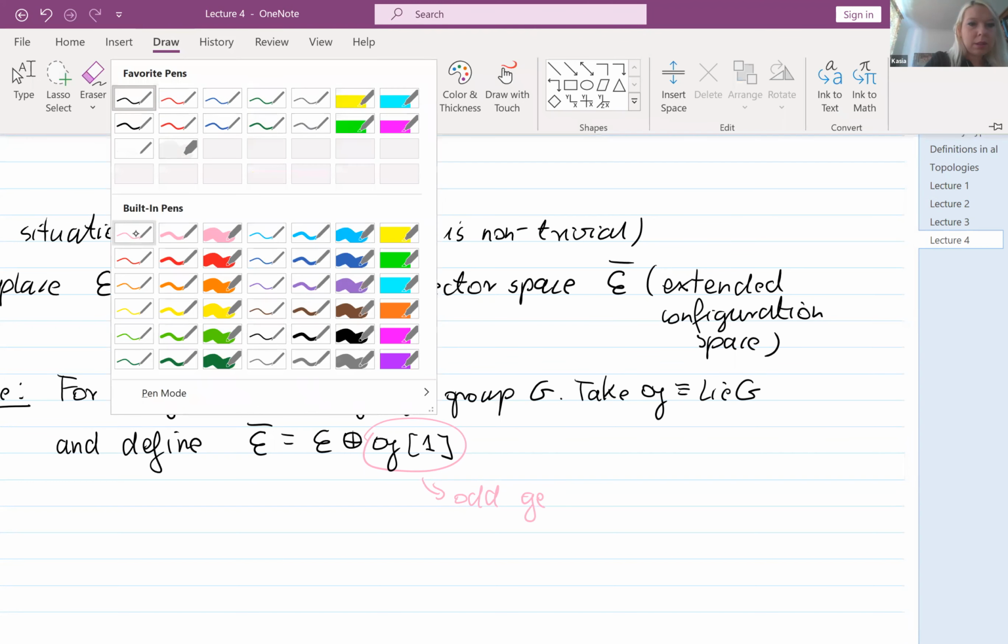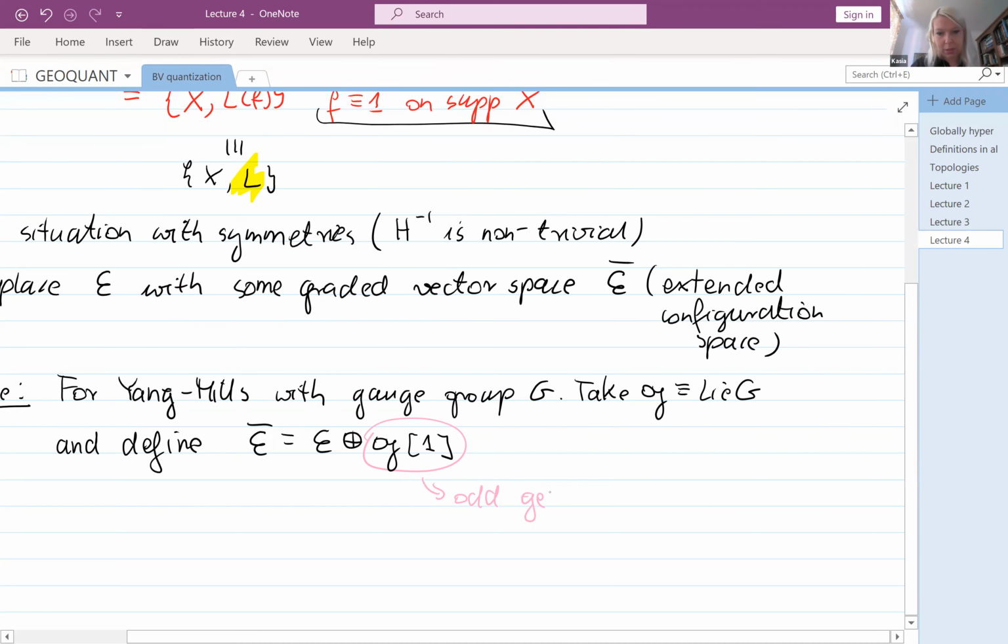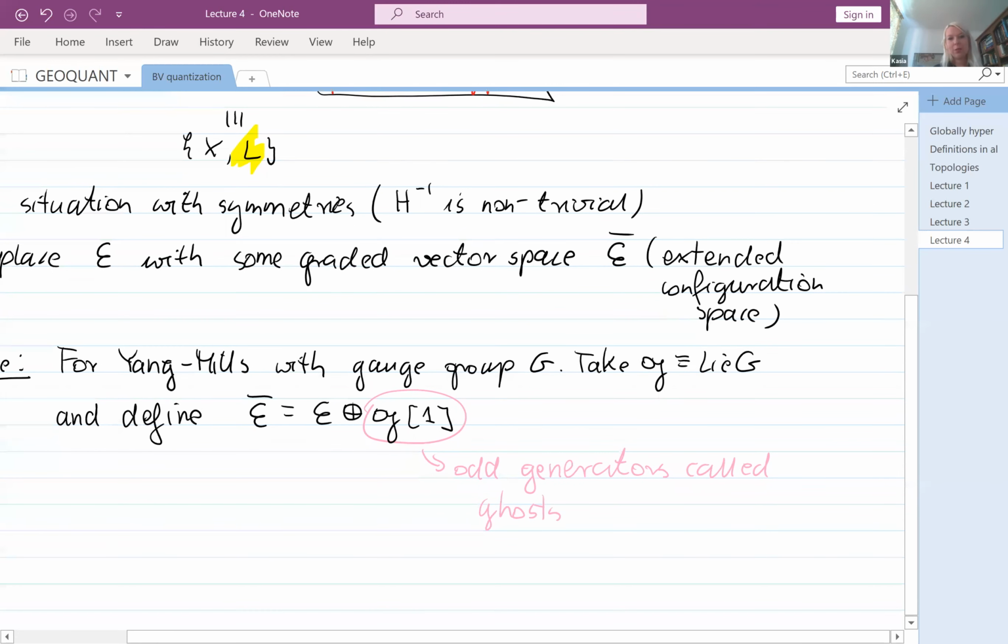Okay. Yeah, so odd generators called ghosts. Silly name, but okay. Well, the rationale behind it is that they're auxiliary non-physical variables. So ghosts.